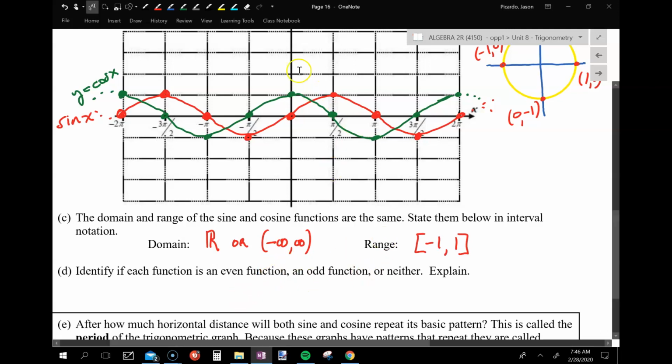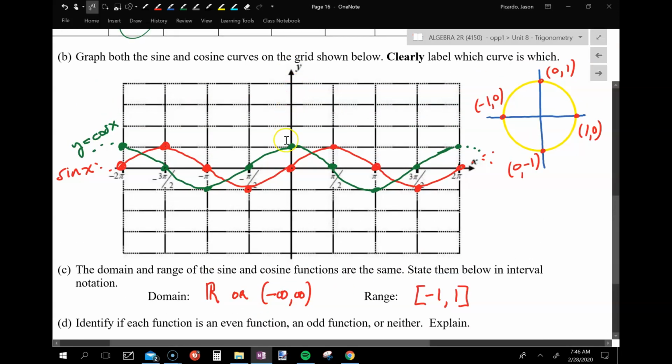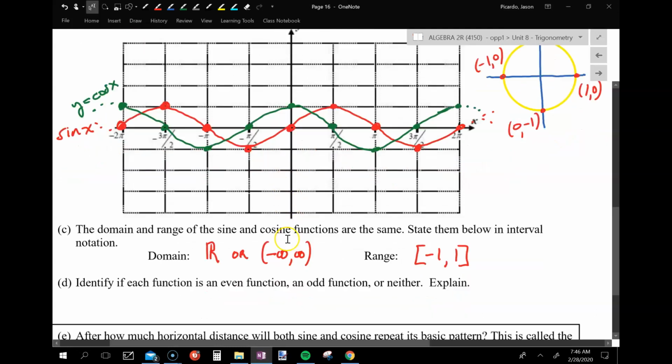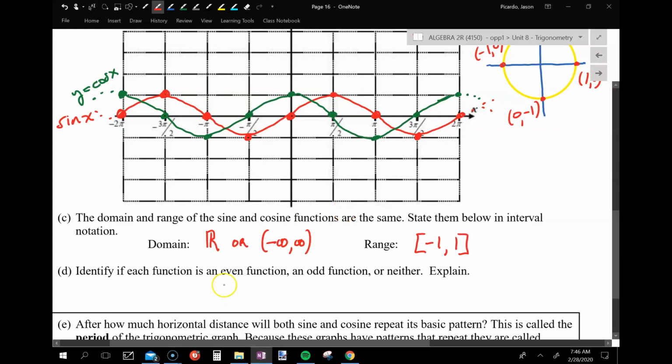Here's my y-axis, guys. Is this graph symmetrical to the y-axis? The green one, does the green graph have symmetry to the y-axis? It does, right? So cosine is an even function.